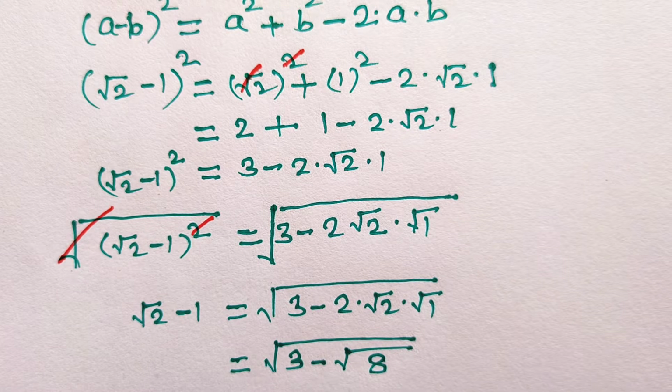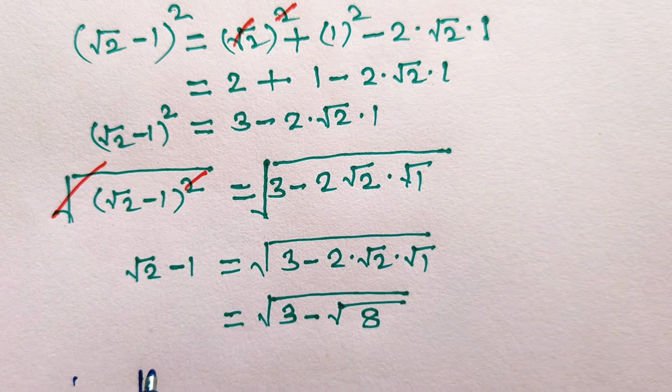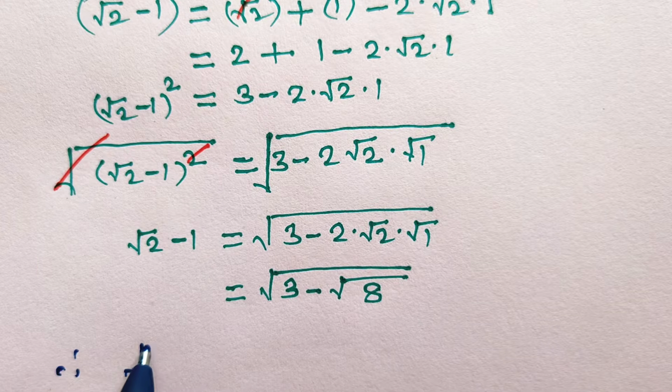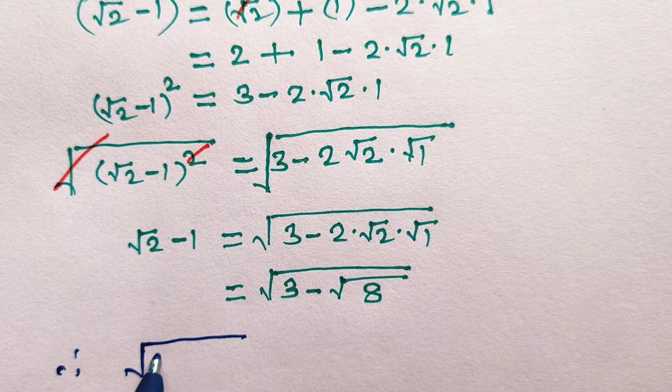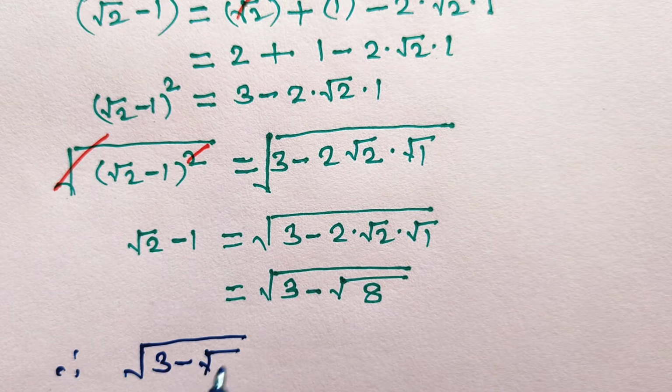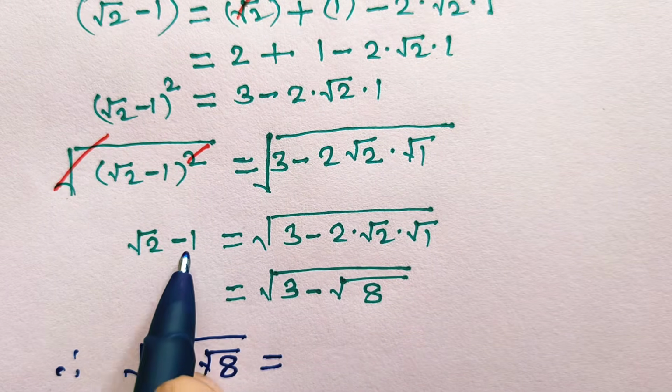Hence finally we can write square root of 3 minus square root of 8 is equal to square root of 2 minus 1.